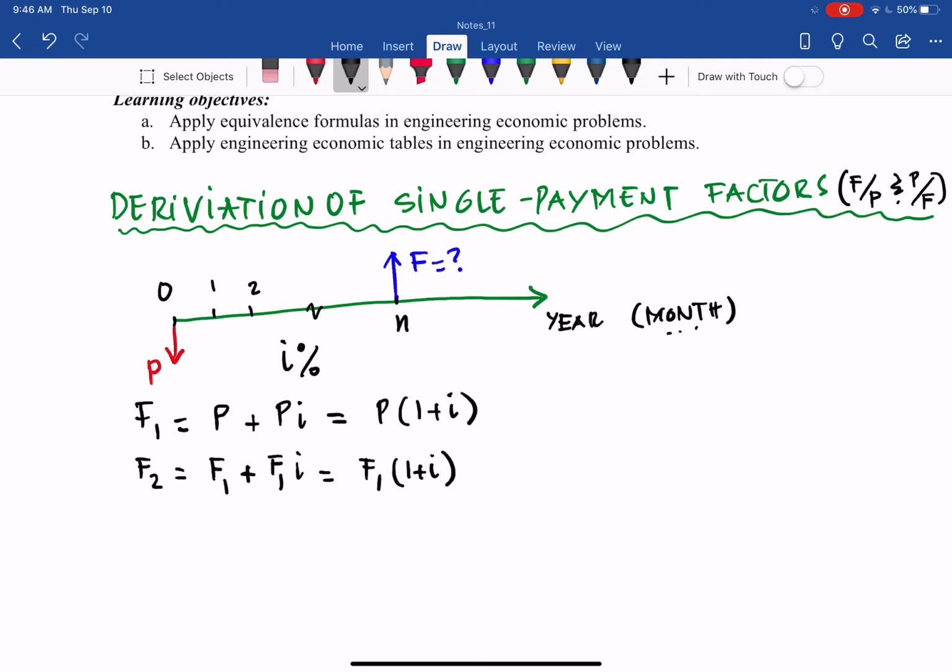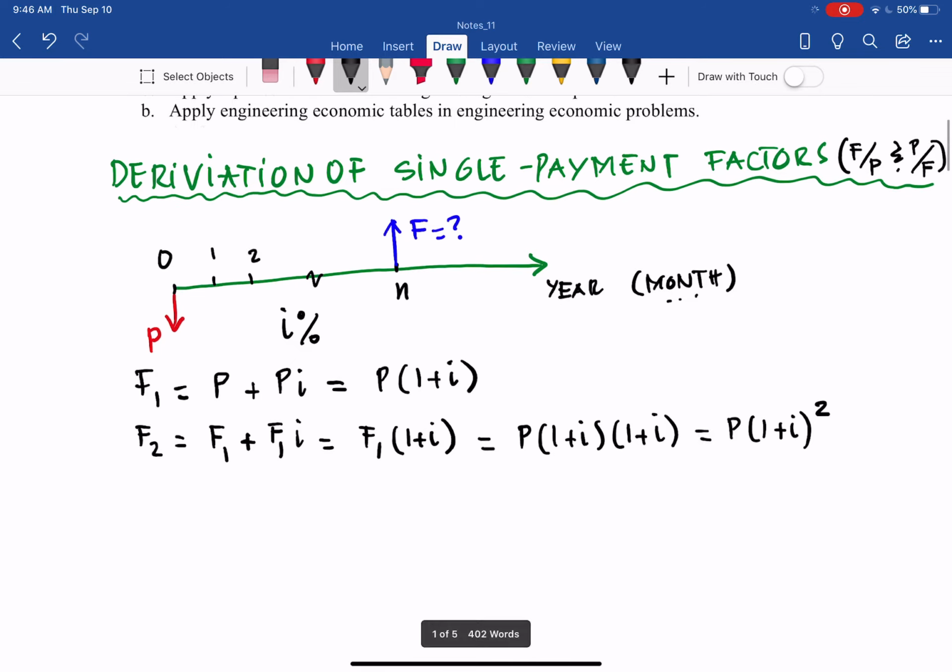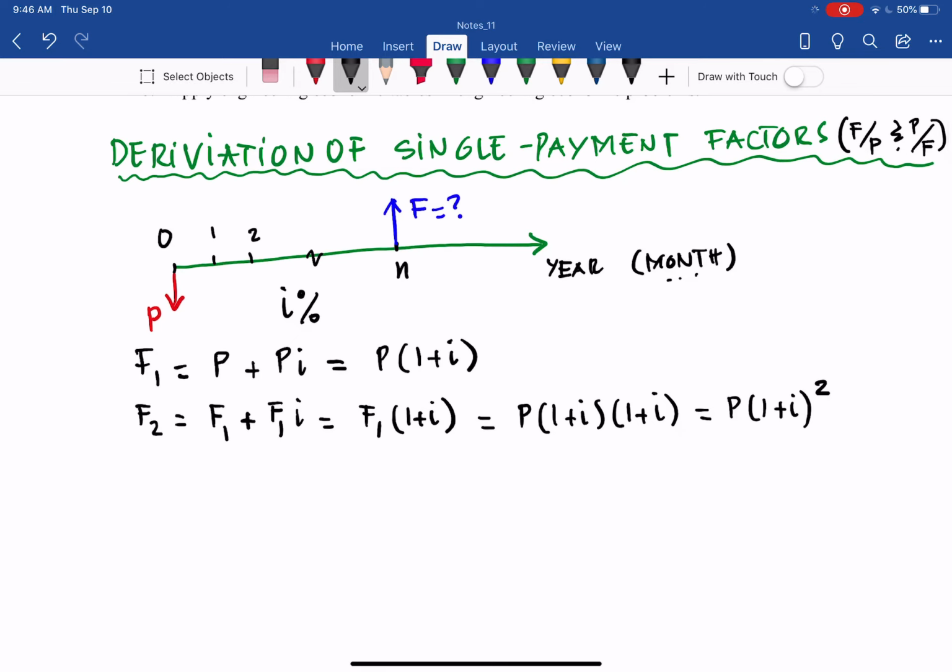Since F1 equals P(1 + i), it will equal P(1 + i) times (1 + i), and that is P(1 + i) to the power 2. Everyone see that?